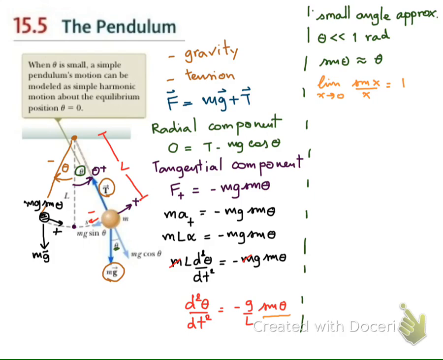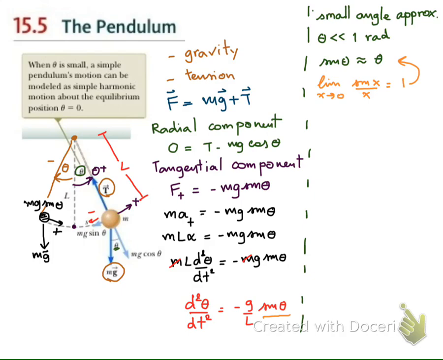So it means that if x is small, close to 0, the ratio between sine x and x is equal to 1, which means that sine x is approximately equal to x. And we use this relation to do the approximation that if theta is small, sine theta is approximately equal to theta.